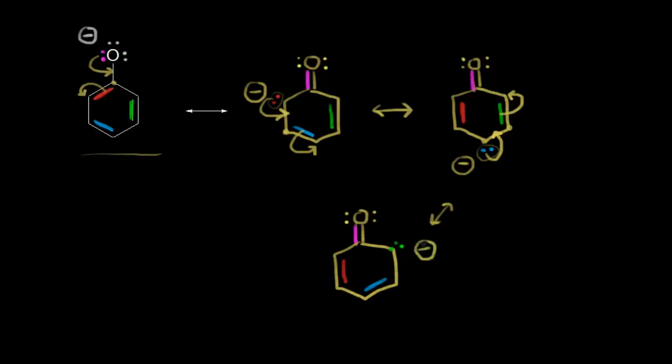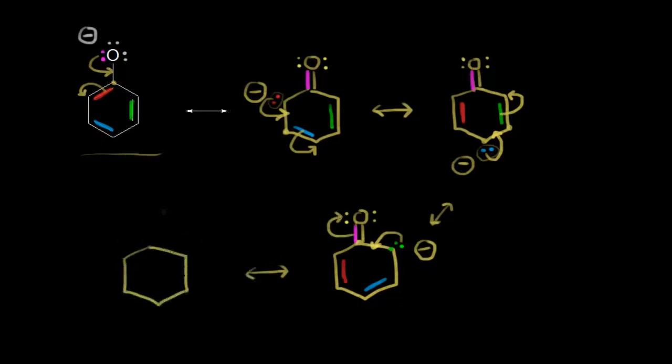And thinking about it again, we once again have a lone pair of electrons next to a pi bond. So we have the electrons in green, right? Those electrons could move into here, and then that would mean too many bonds to this carbon. So we can take these electrons in magenta and push them off onto the oxygen. So let's go ahead and draw our last resonance structure here.